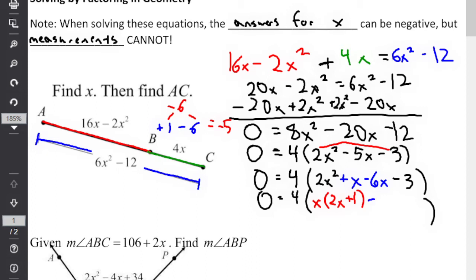Minus is the first sign I see, so minus is the first thing I'm going to write. And what number can come out of both of them? 3. Is there an x in both of them? No, there's not, so I can't take it out. So we have 6 divided by 3 is 2x. Took a negative out means that I'm going to change that sign to a plus 1.